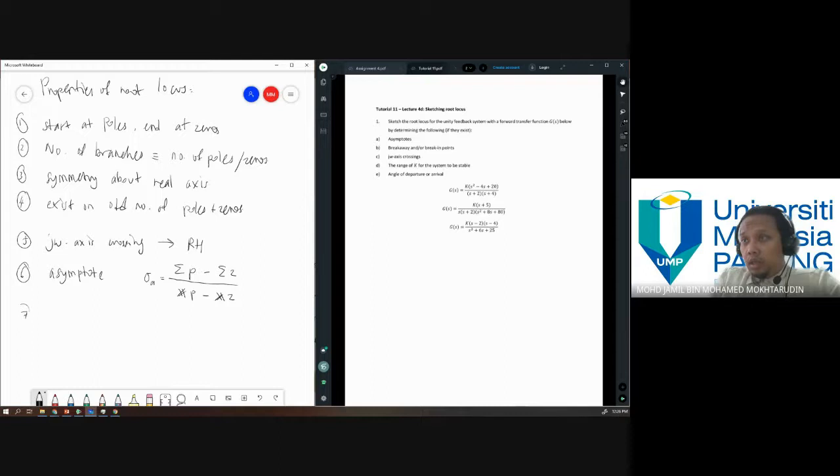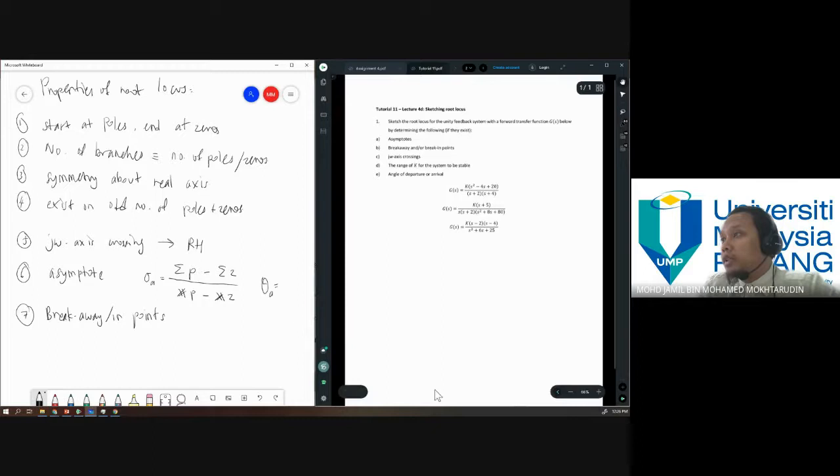And then number 7 is breaking points. Oh sorry, for asymptote there is one more formula. So another formula is the angle of asymptote.